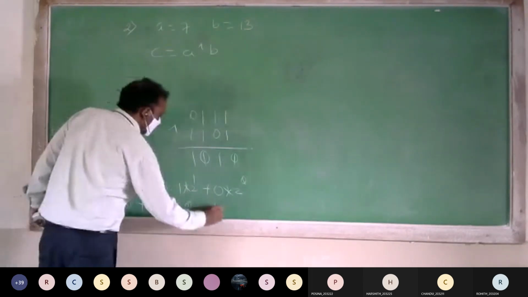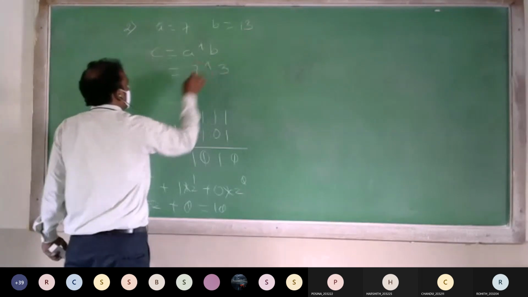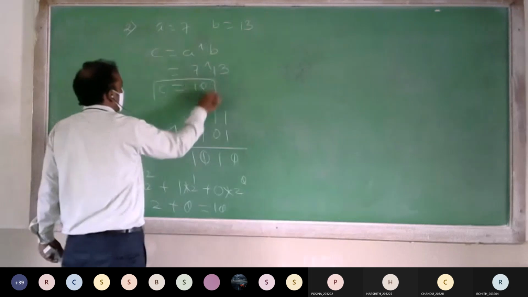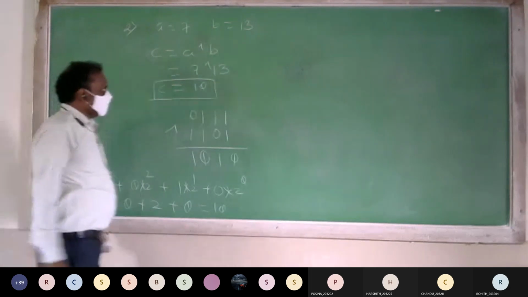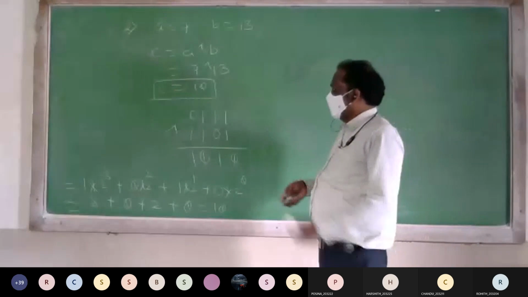So 8 plus 2 is 10. Yes, your answer is correct. So 7 XOR 13, the value is 10.